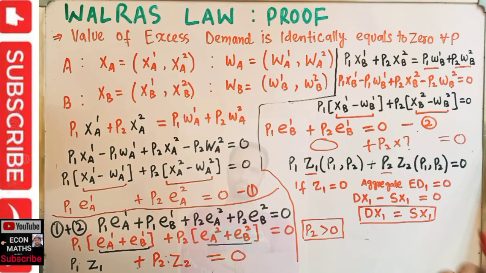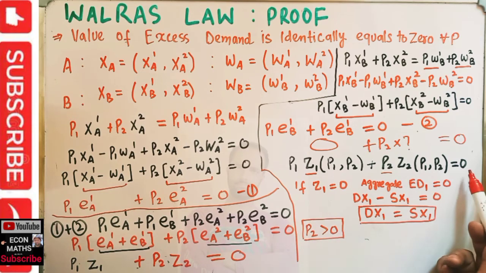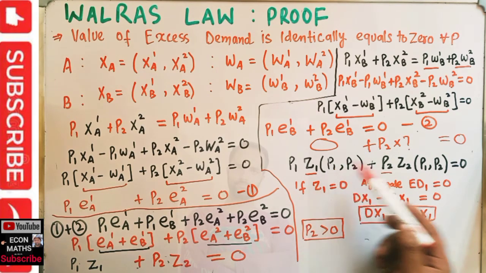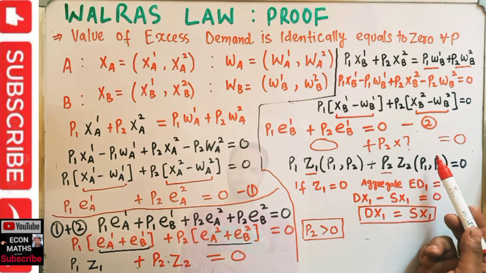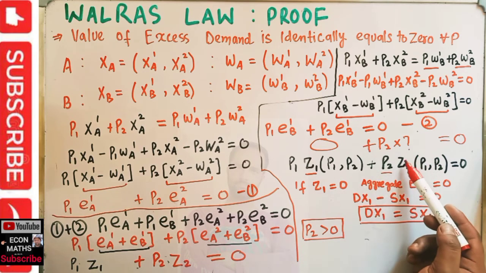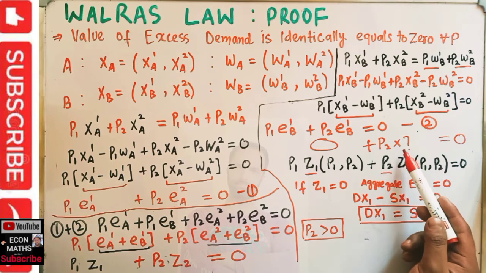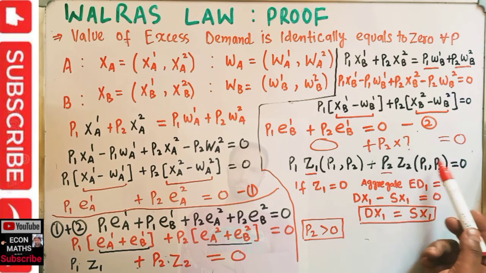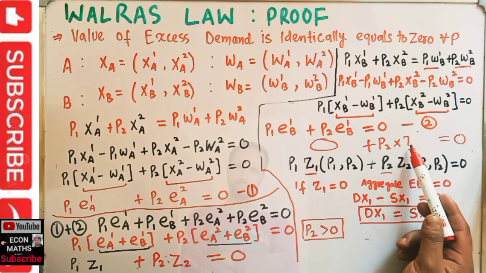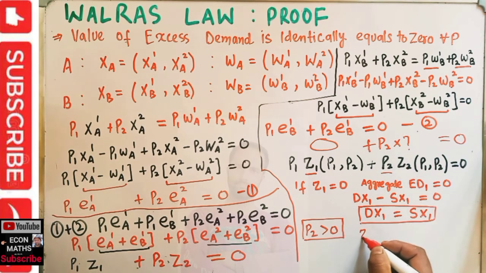Listen carefully. The addition of these two terms is equal to 0. First term is 0, then second term must be 0, because if p2 is greater than 0 and z2 is also greater than 0, this identity will not hold, there will be an inequality. So if p2 is greater than 0, z2 should also be equal to 0.